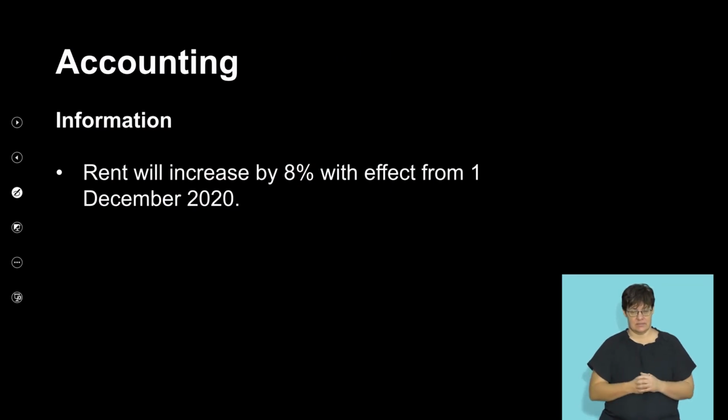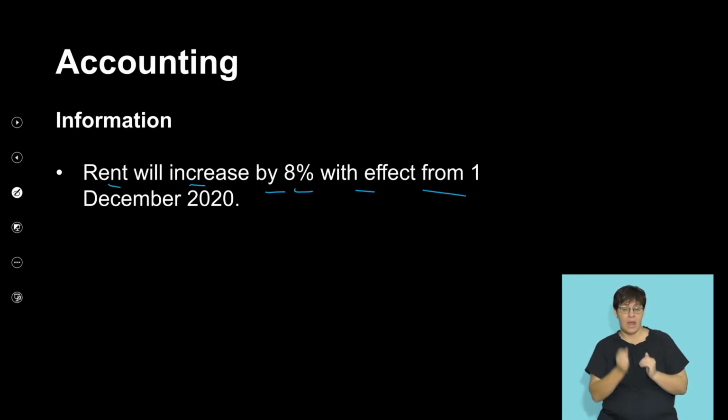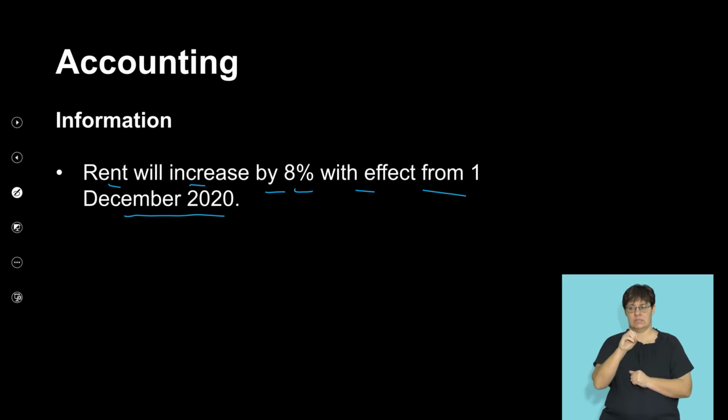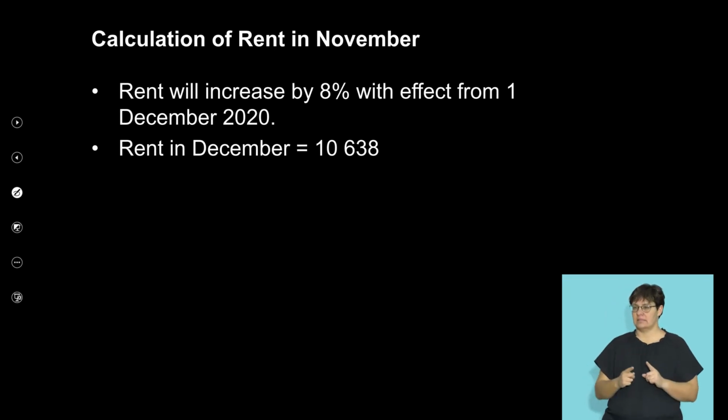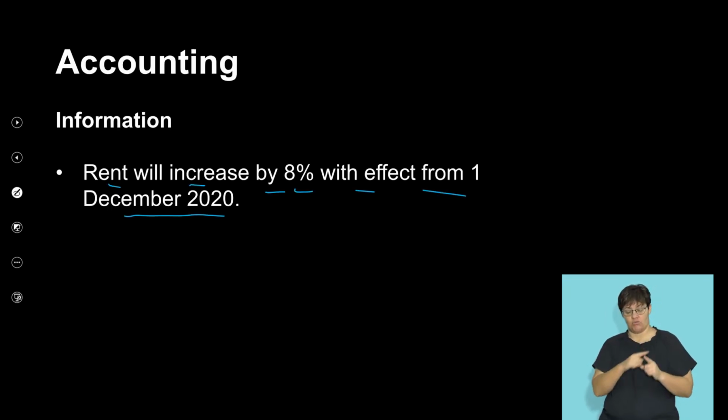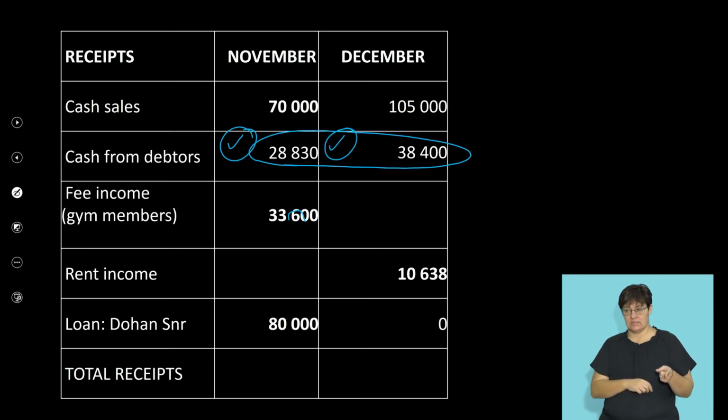Coming to the rental, we are told that we expect our rent will increase by 8% with effect from the 1st of December 2020. Right. Now, if that is our expectation, let's look at our rental figure, because we need this figure here as our missing figure.